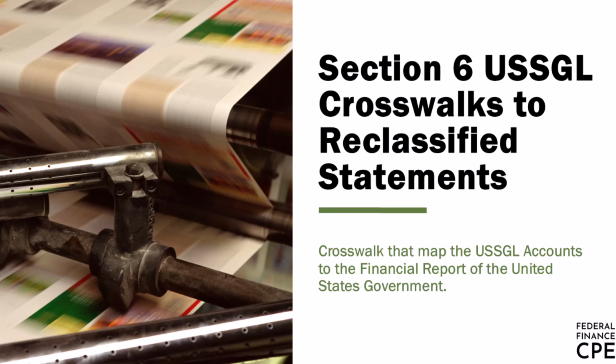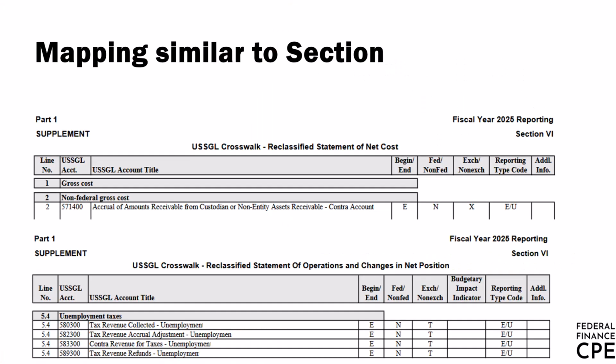Okay, so Section 6 of the USSGL. This particular one is the reclassified statements, which are the statements used in financial reports for the entire U.S. government. You'll see here they're essentially identical in format for the statement of net cost and statement of operations and changes in net positions.